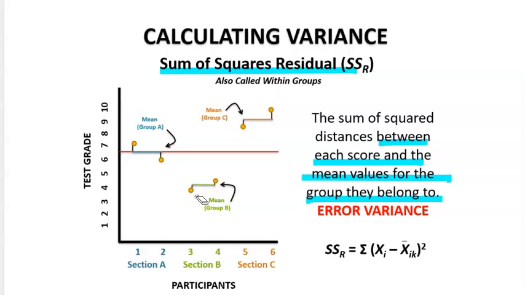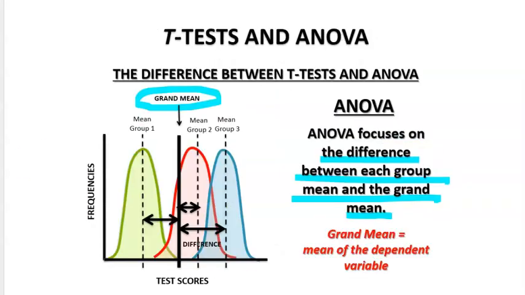That's why ANOVA is the general linear model. We have the grand mean, and then we compare the other scores, considering how much error occurs. So ANOVA has the same concept as regression, and it is different from the t-test, which compares the means between two categories.